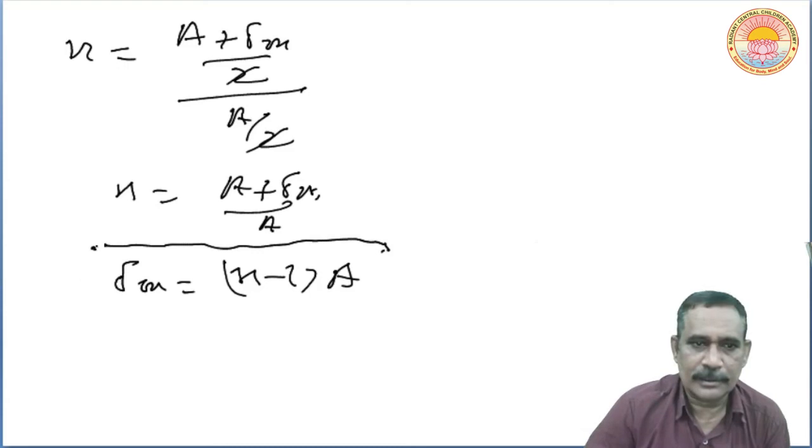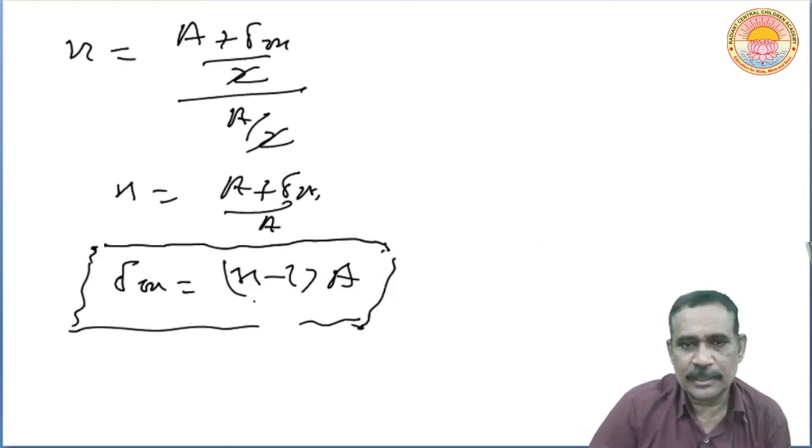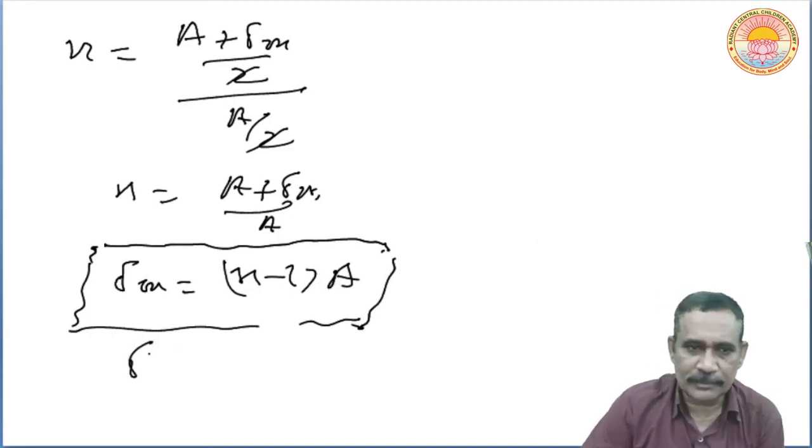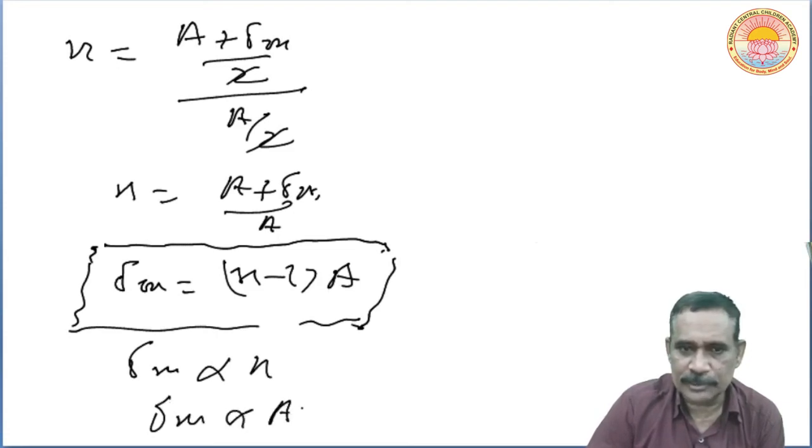This formula can be used for minimum deviation. From this formula, it is clear that the angle of minimum deviation is directly proportional to the refractive index of the prism, and it is also directly proportional to the angle of the vertex of the prism.